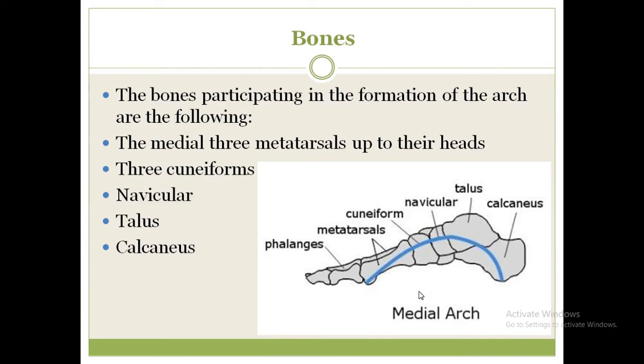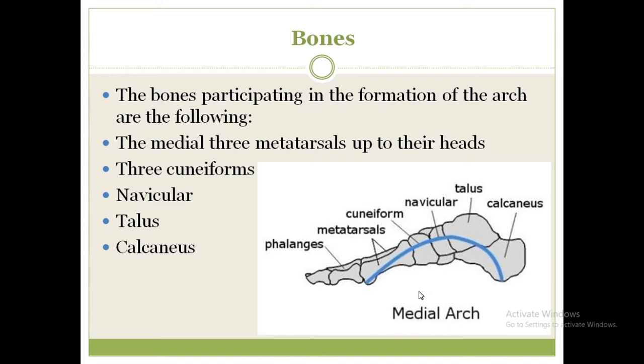You have to mention that they are the medial three metatarsals, because we are discussing the medial longitudinal arch. Then we have the three cuneiforms from the midfoot, that is the medial, intermediate and the lateral cuneiform. In addition, we have the navicular bone also from the midfoot, and finally we have talus and calcaneus from the hindfoot.